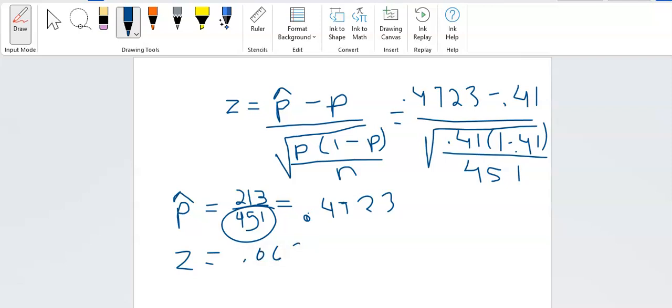So 0.4723 minus 0.41 over the square root of the bottom. That's going to be 0.0623. And then I'll put all of the bottom into my calculator.